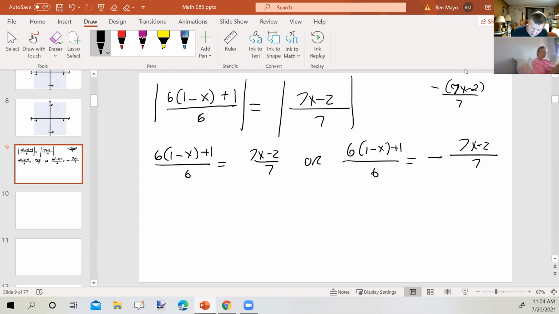All right, so let's go back and take a look at this first equation here. I'm going to simplify the numerator on the left, so I'm going to distribute.